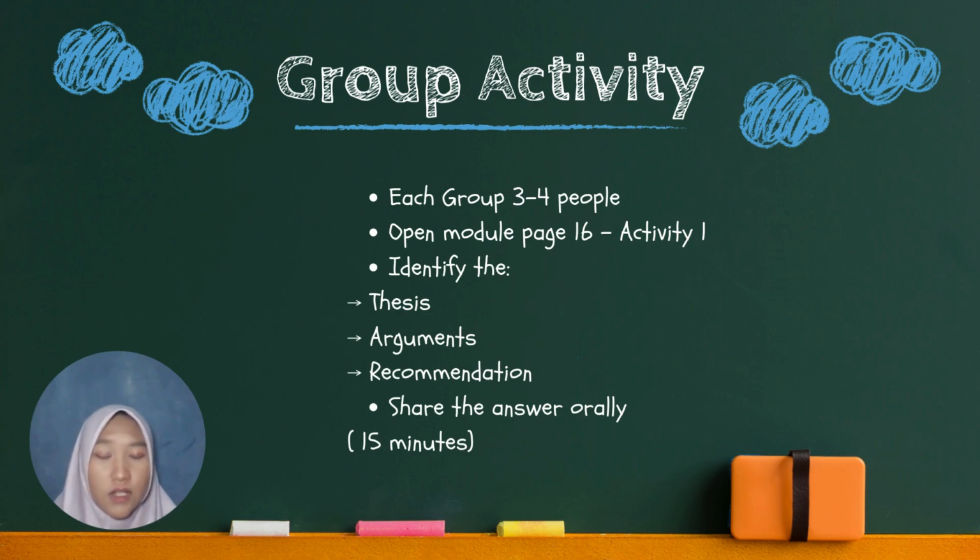Then the next thing you need to do is to identify the thesis, the argument, and the recommendation parts of the text. I will give you 15 minutes to discuss with your friends, and then you need to share your findings orally. Do you get it? Okay, let's do the discussion.